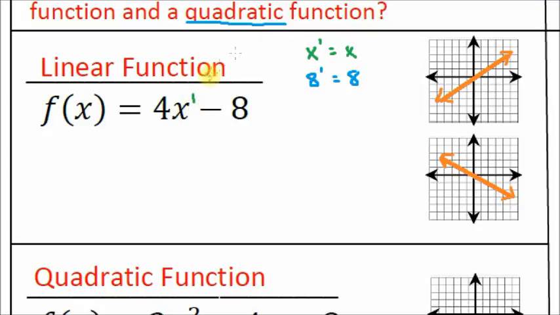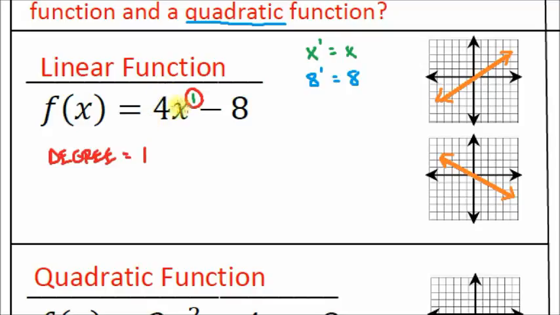And this particular exponent tells us something about this function. It tells us that this function has a degree equal to 1. That degree is found by looking at the highest variable exponent. In this case, the highest exponent on a variable is 1.